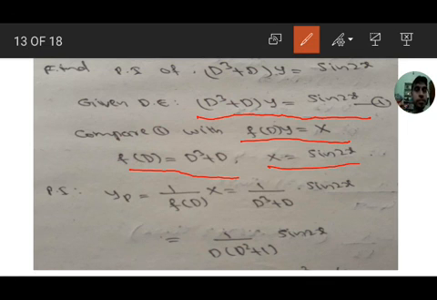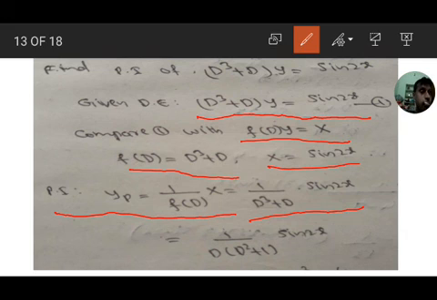So the particular integral yp equal to 1 by f of d capital X, that is 1 by (d cube plus d) sin 2x. Here I am taking d as the common factor, d into (d square plus 1).